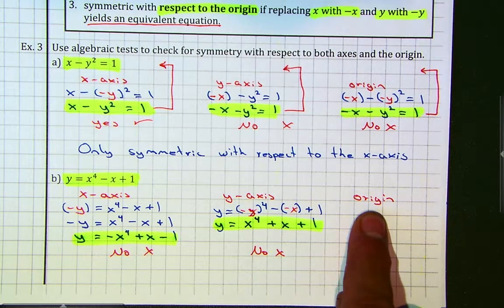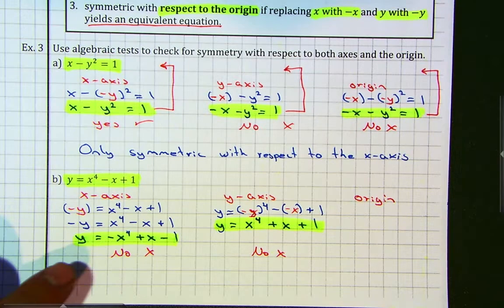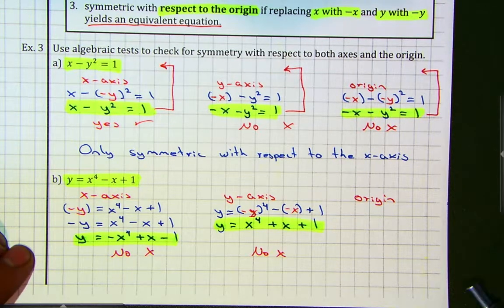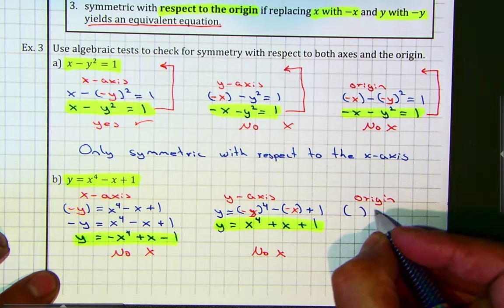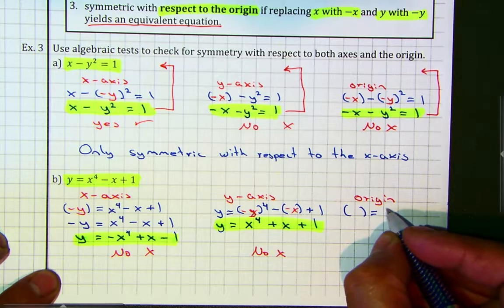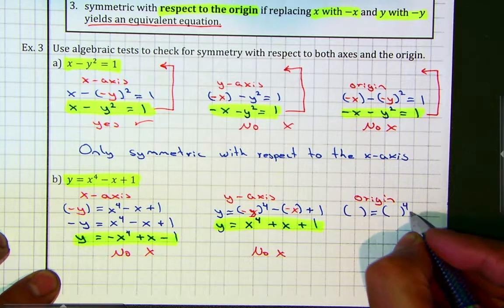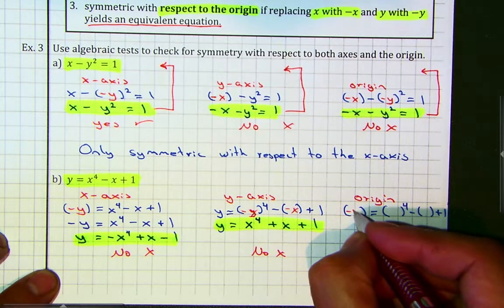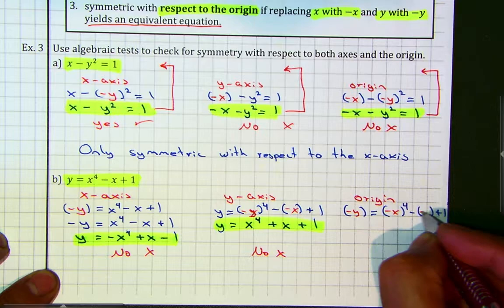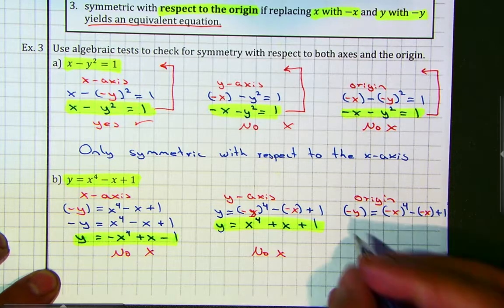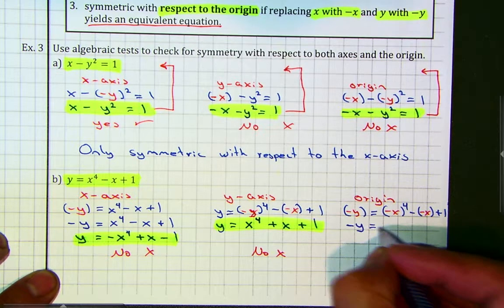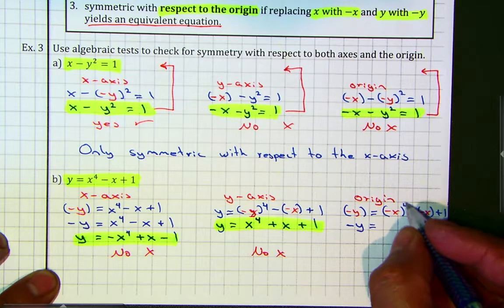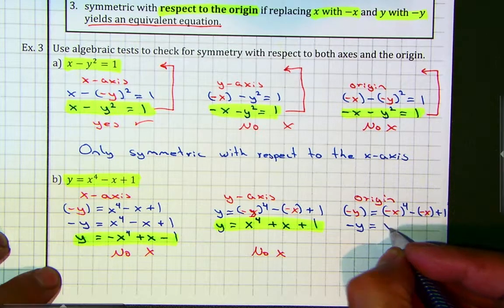And with respect to the origin, we're going to replace the y with a negative y and the x with a negative x. So negative y, negative x to the fourth, negative x, and plus 1. Negative x to the fourth power is an even power, so it stays as positive x to the fourth.